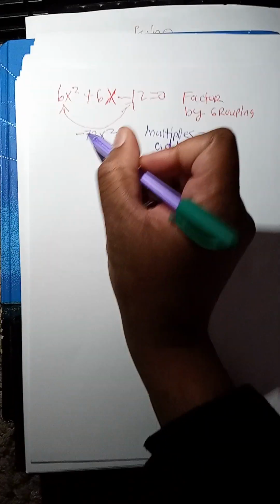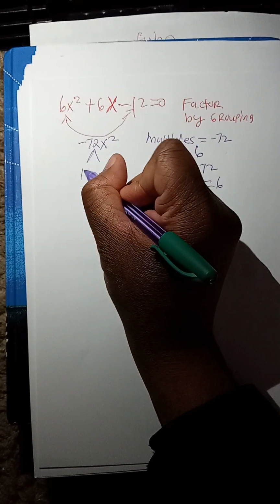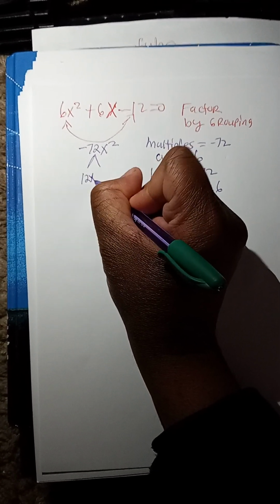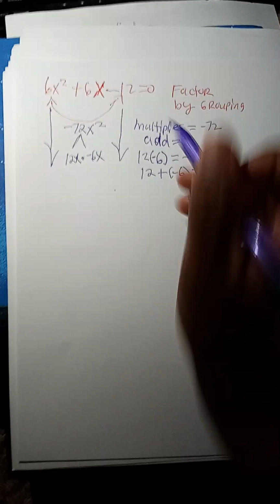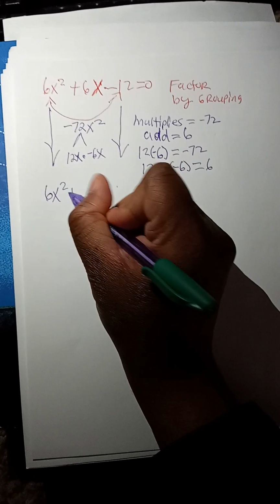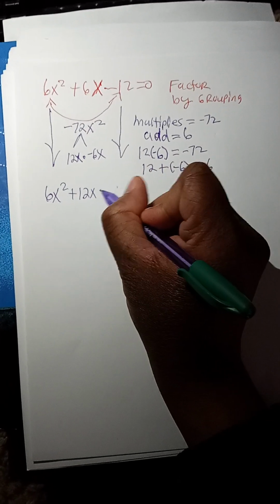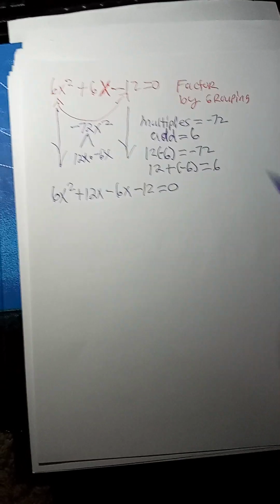So we have met the requirements there. So 12x times negative 6x. So we bring down our first and third terms. So 6x squared plus 12x minus 6x minus 12 and set that equal to 0.